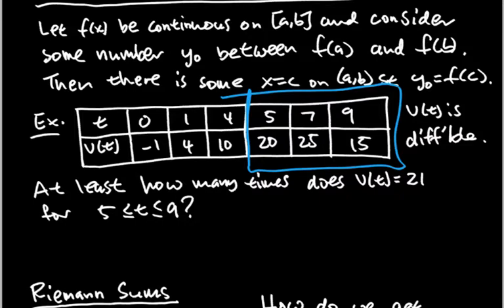Because v of 5 and v of 7 are 20 and 25. So because 21 is in between these two, we know at least one time v of t equals 21 there. And then also here, same idea. At least one time v of t is going to equal 21 between these two because this is a continuous function. So you can say at least twice.